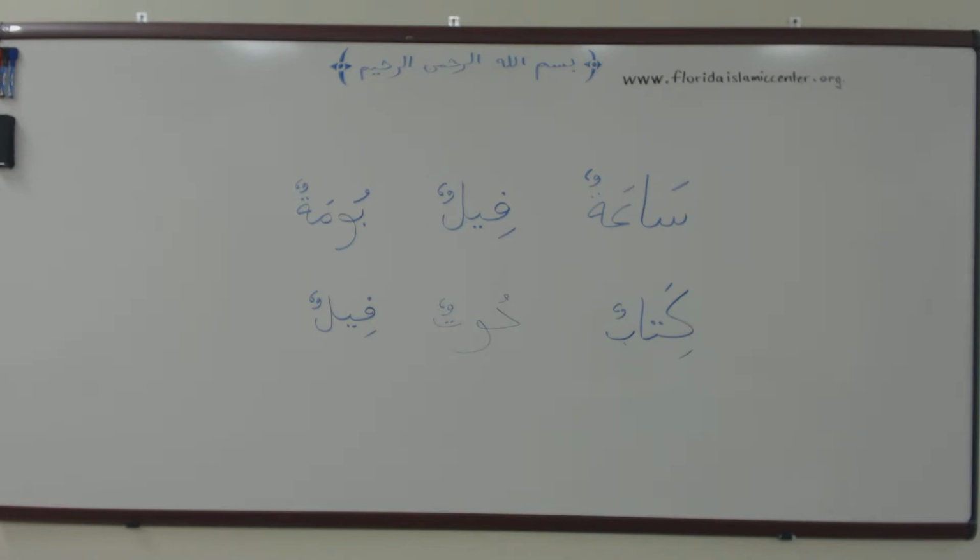Maliki, good. Maliki, very good. What about 4.6? Tagha. The ghain is being elongated. Tagha means to transgress. What about 5.3?